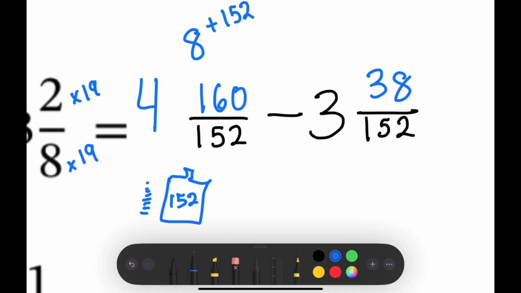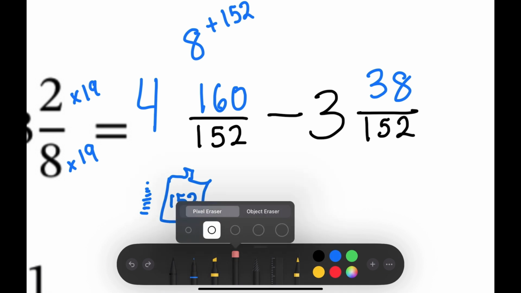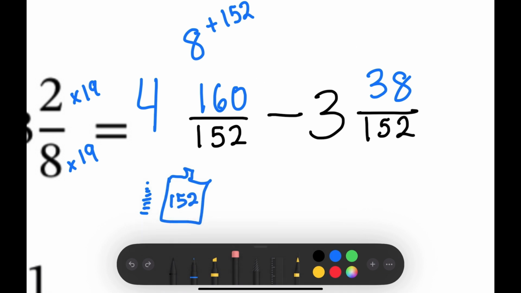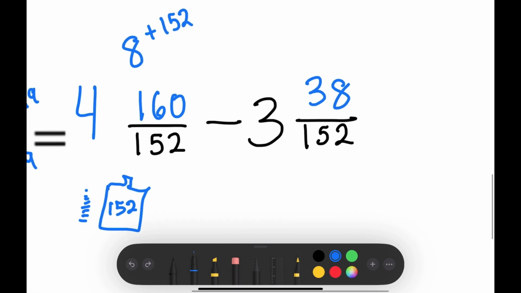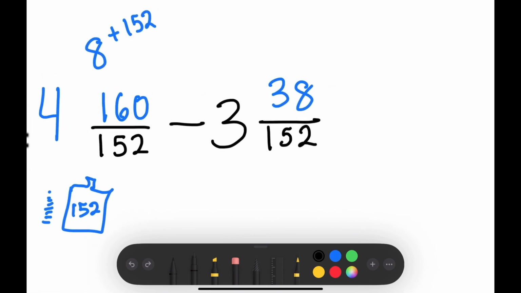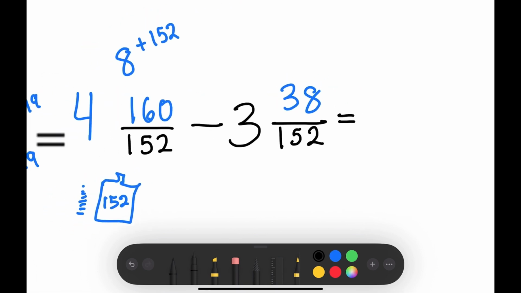Well, now I can subtract 160 with 38. Let's do that. Actually, let's start with the stuff that's easy. Let's do 4 minus 3. That's 1. The denominator stays the same.